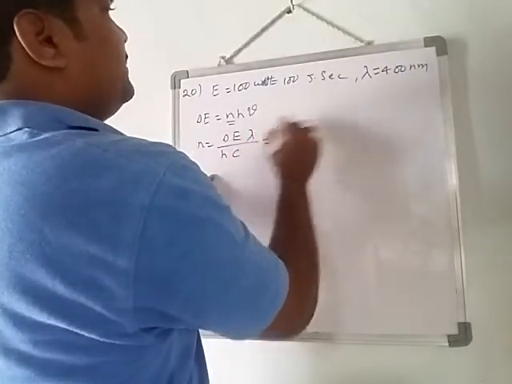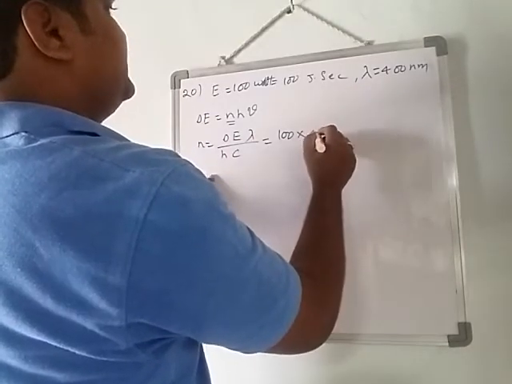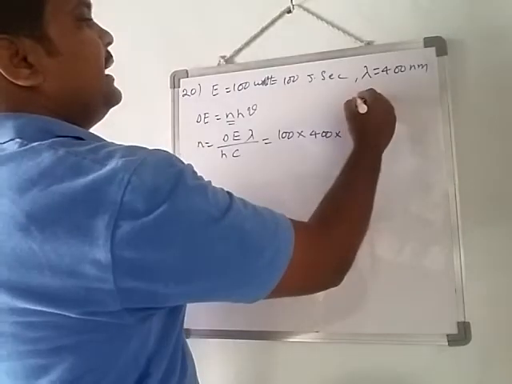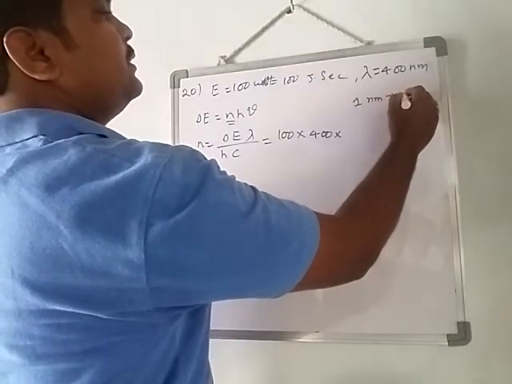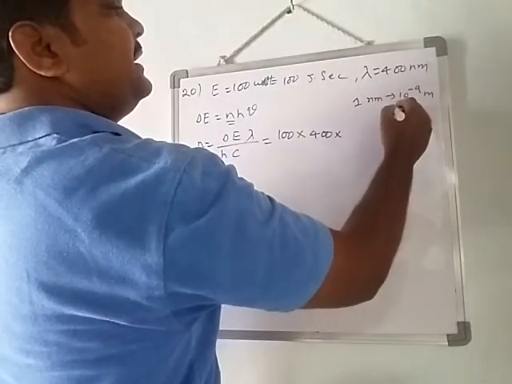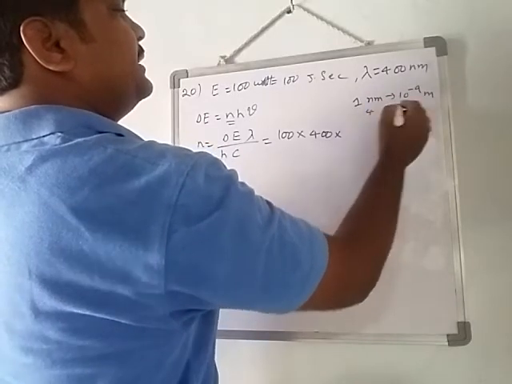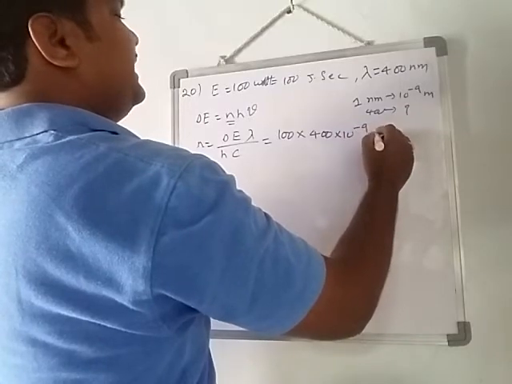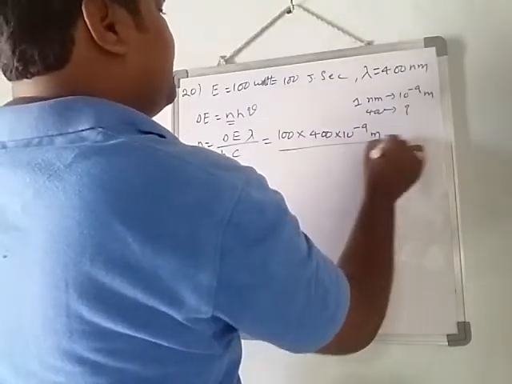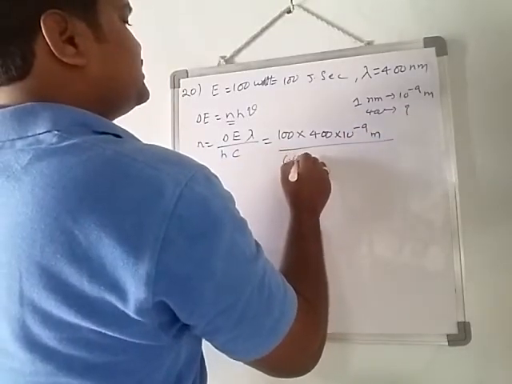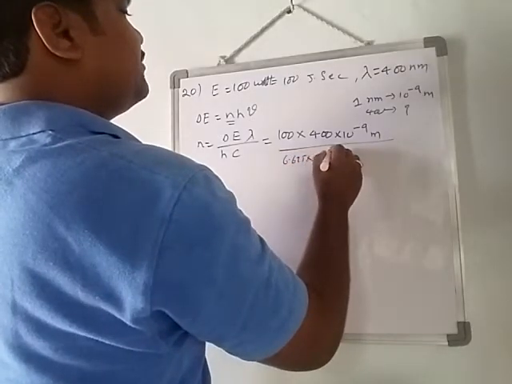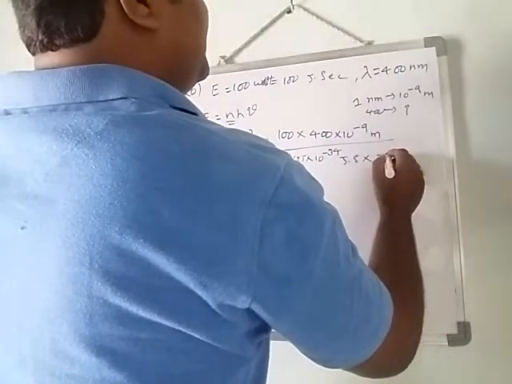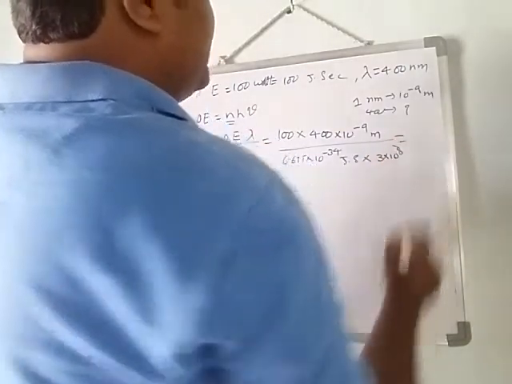Lambda, how much? 400 nanometers. 1 nanometer is equal to 10 to the power of minus 9 meters. So 400 into 10 to the power of minus 9 meters, by 6.625 into 10 to the power of minus 34 joule second, into 3 into 10 to the power of 8.